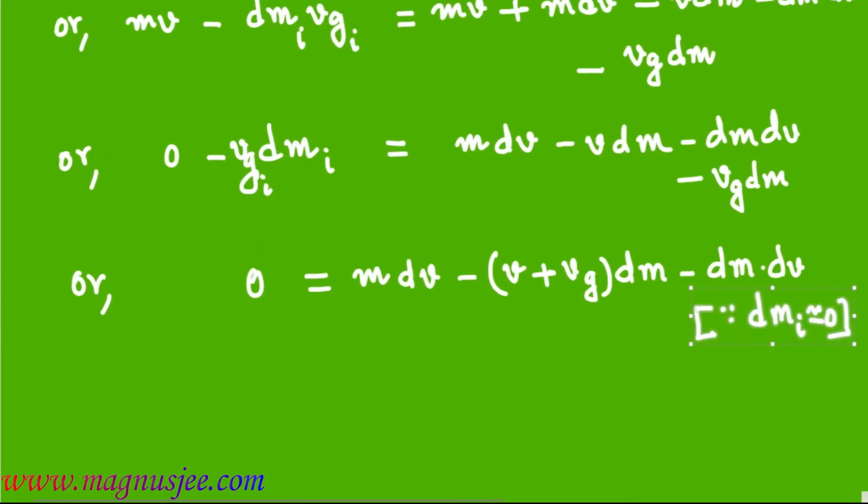Or we can erase this part and write down the logic why minus vg dmi is 0.